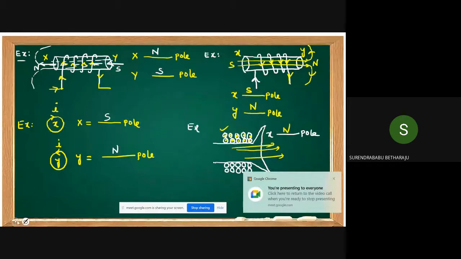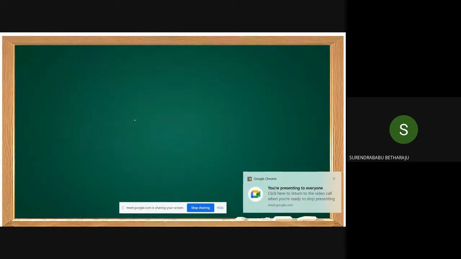Yes, friends. Now with this knowledge, before starting in detail about what the flux is, what the MMF is, and what the mutual inductance is, first I want to explain the analogy between electric and magnetic circuits.